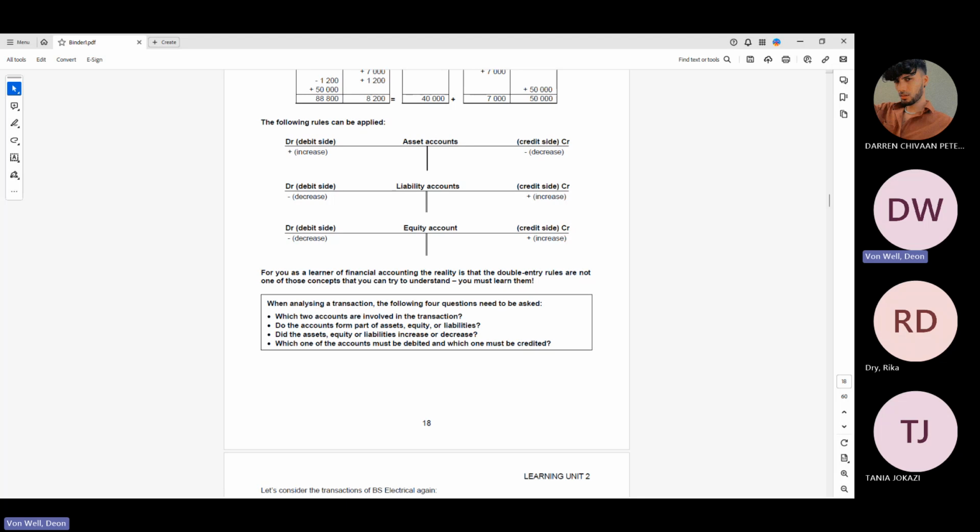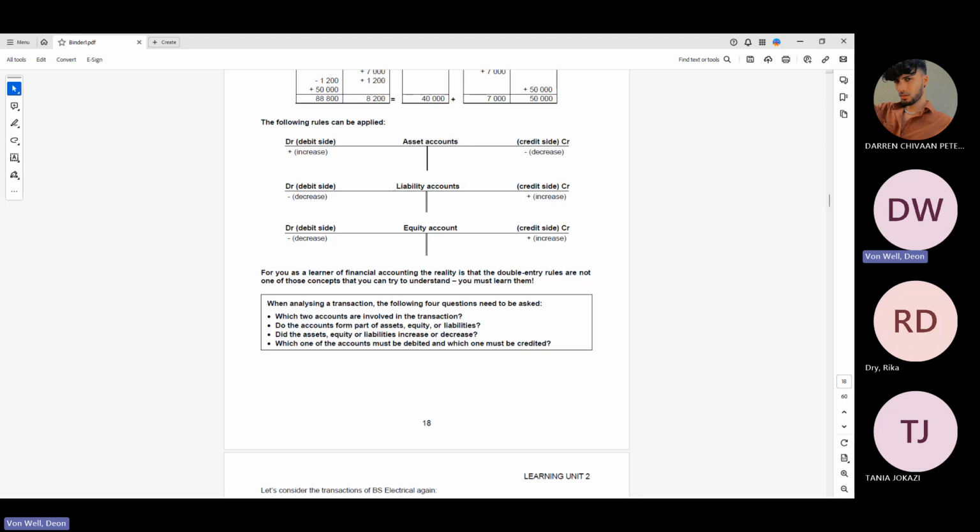And then did the assets, equity, or liabilities, you can also say income or expenses, did they increase? Because if it's a liability and it increases, it's a credit entry. If it's a liability and it's decreasing, it's a debit. So if you can identify them, you know the rules, and you know, is it increasing? Is it decreasing? If it's an increasing liability, I must credit it.